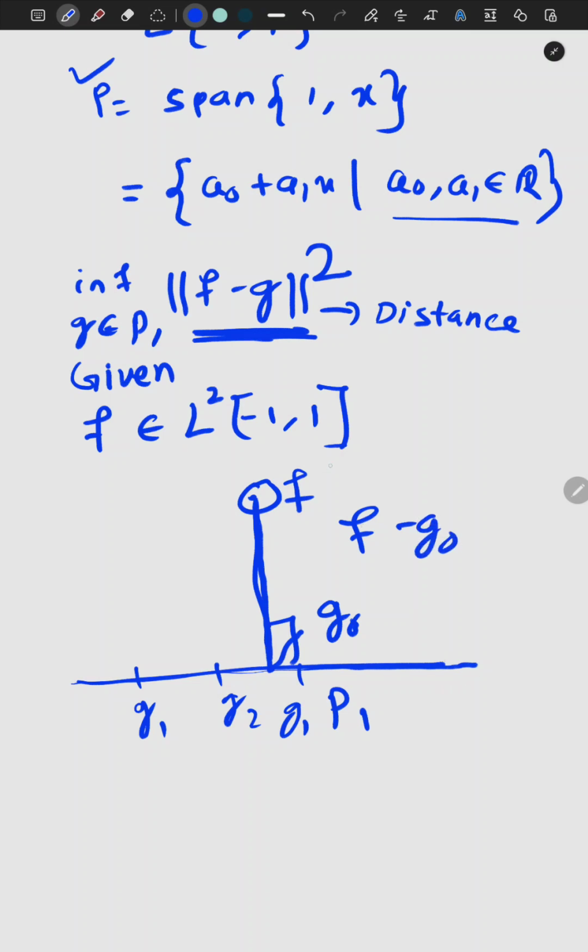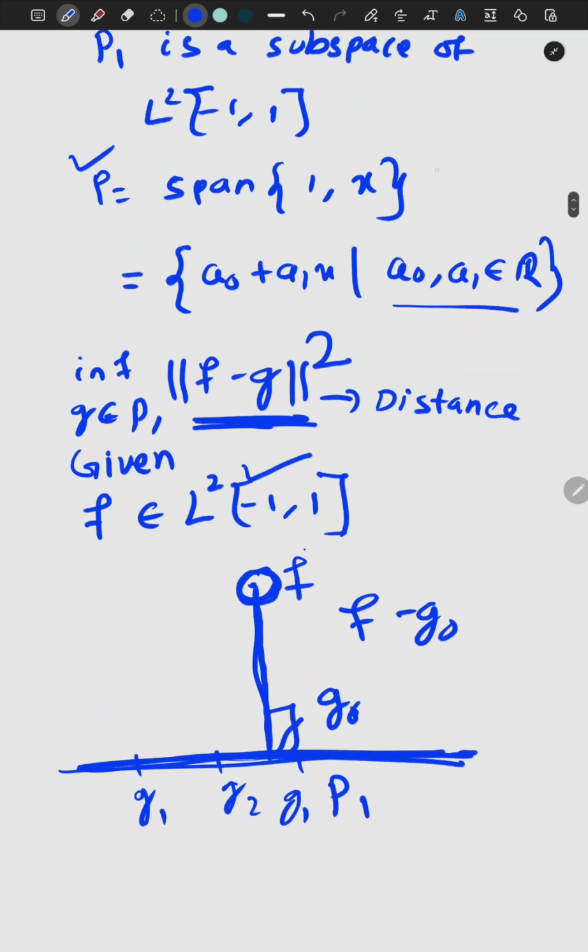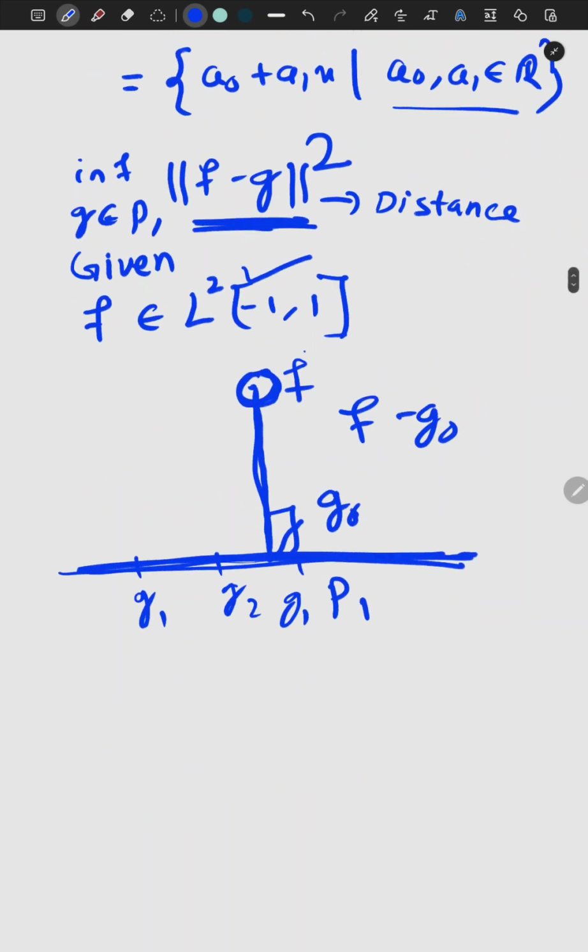This L2 space is an infinite dimensional space, and we are approximating the function by a finite dimensional space. What is the dimension of P1? The dimension of P1 is 2, since two elements form its basis. So we are approximating an infinite dimensional function by a finite dimensional subspace. This is the geometrical concept, but we will approach solving it theoretically.